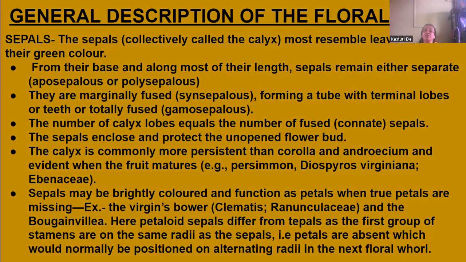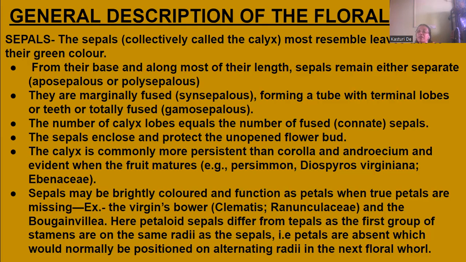Okay. Then sepals might be brightly colored and they might function like petals. When the true petals are missing, the sepals can be modified into petals by becoming brightly colored. For example, Virgin's Bower, Clematis, Ranunculaceae, and the Bougainvillea, where petaloid sepals differ from tepals, as the first group of stamens are on the same radii as the sepals.